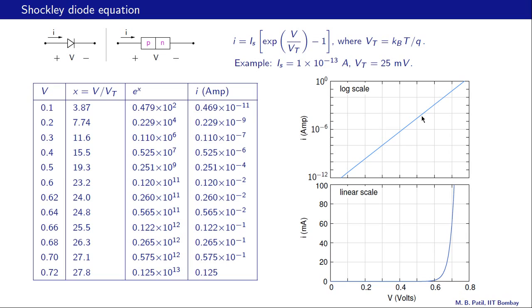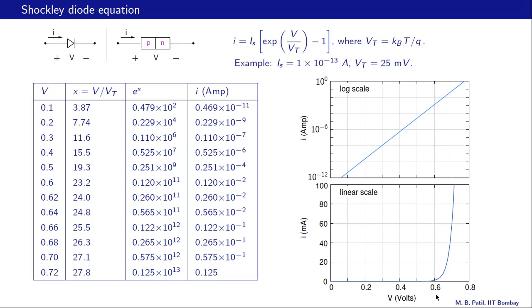Alright, let us now come to the linear plot. Up to about 0.6, the current is almost 0. Of course, it is not quite 0. It is finite, but it is very small, and on this scale, it appears that it is 0. At about 0.6 volts, the current becomes significantly large.